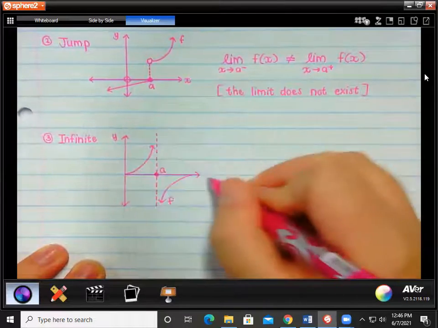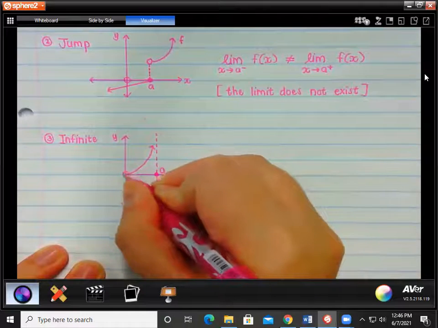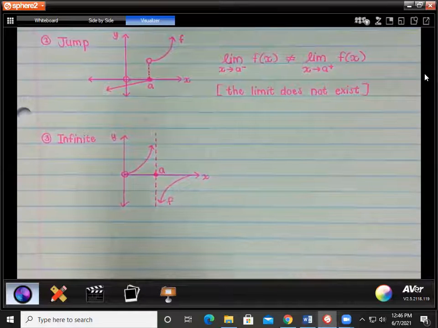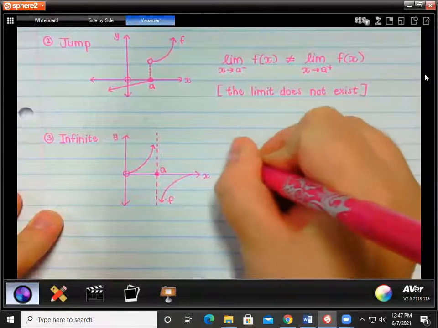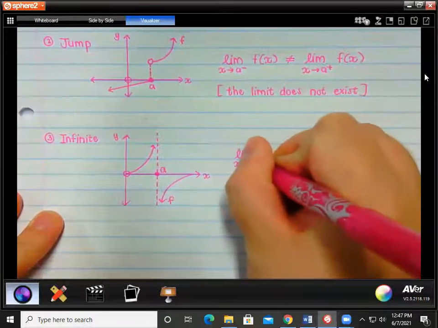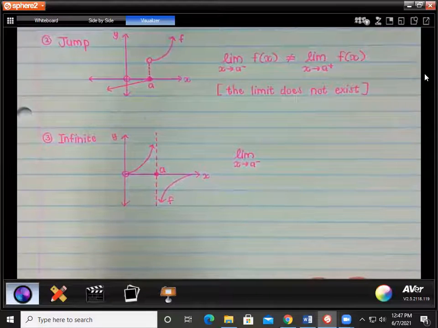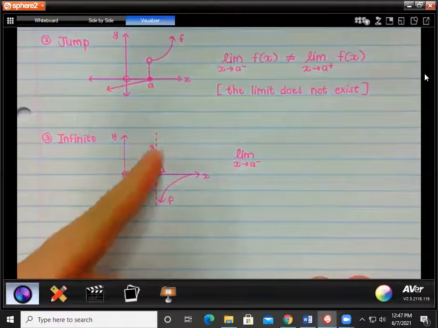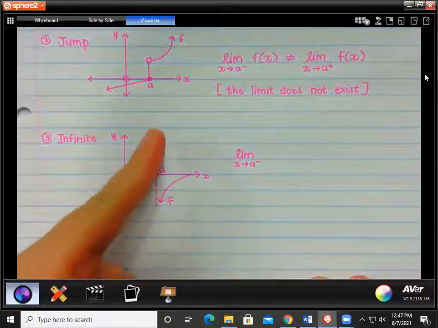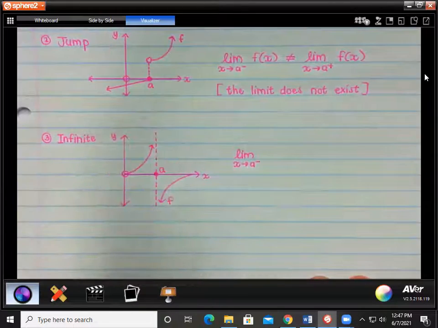Let me just label my axes here. Okay, so if we're looking at this graph specifically, as the graph is approaching a from the left, the y value is tending to infinity, hey?